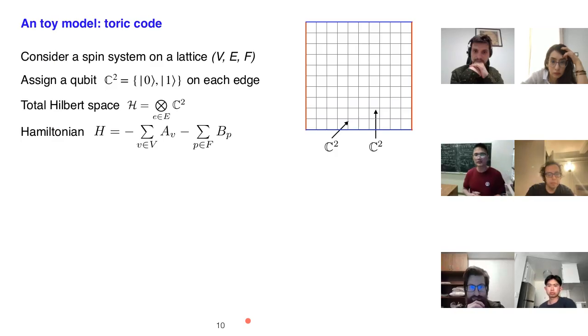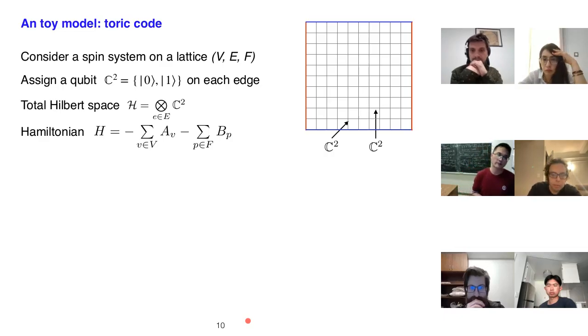Let me give you another toy model, a concrete model for a topological phase of matter, the so-called toric code. Consider a spin system on a lattice where we assign a qubit on each edge. So the total Hilbert space is the tensor product of the physical qubits.